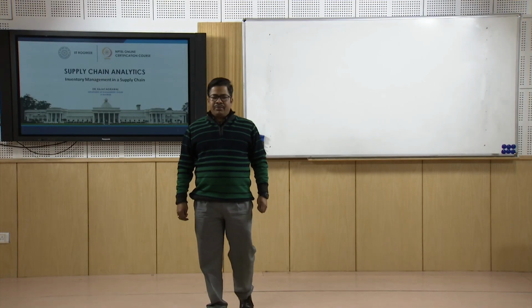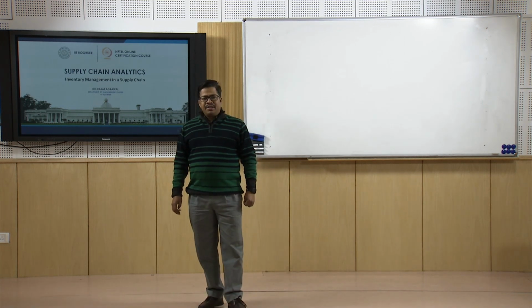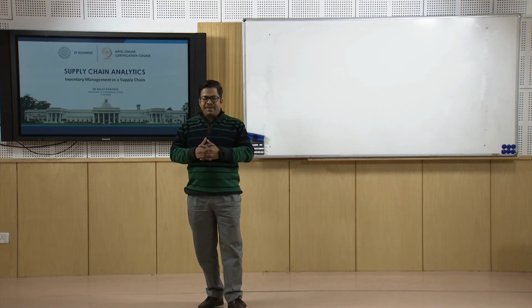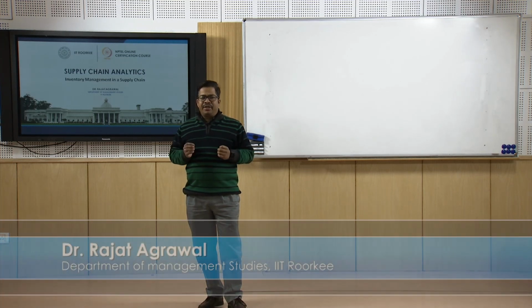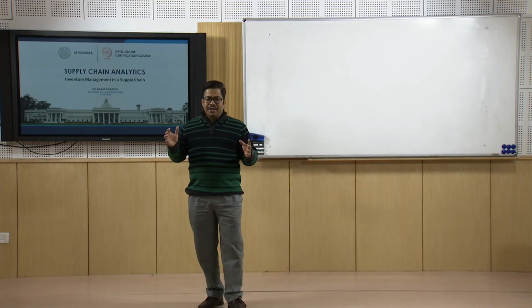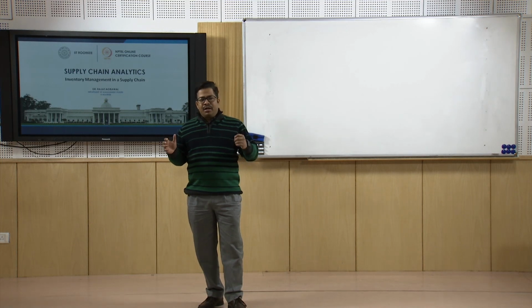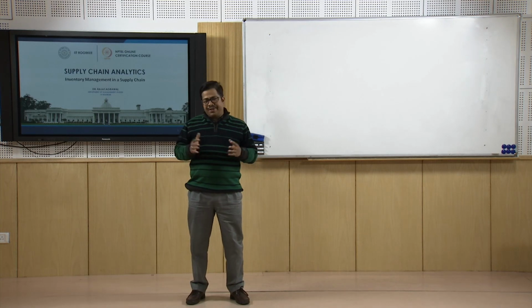Welcome back. We are discussing inventory management in the supply chain. In the last two sessions we discussed a very simple case of inventory management where we had only two installations in the supply chain, and we used our conventional EOQ model to handle those two installations.